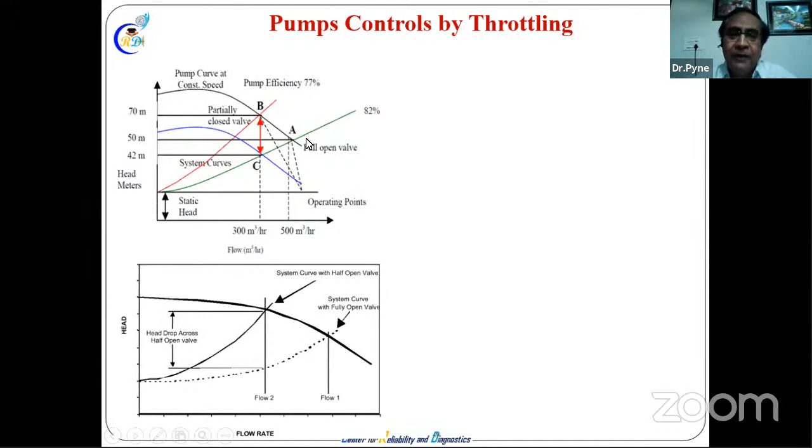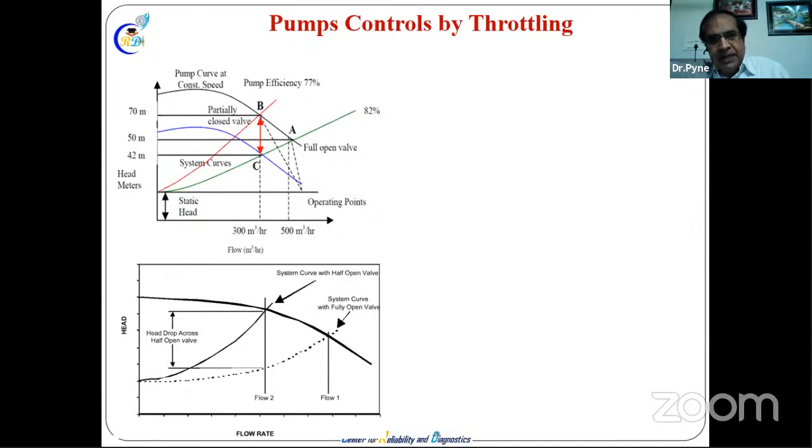We want less flow, so the flow will go here. The flow will be 300 at this point, and here the system curve has changed to this red line. It means you have gone against high pressure and you are losing so much more energy. Instead of spending more energy by throttling, put the RPM lower, because here this is a constant speed.